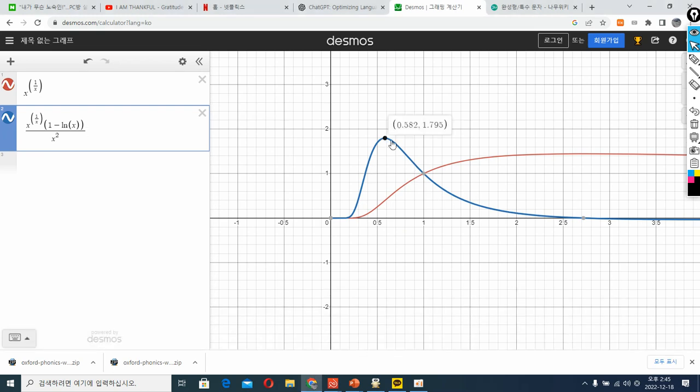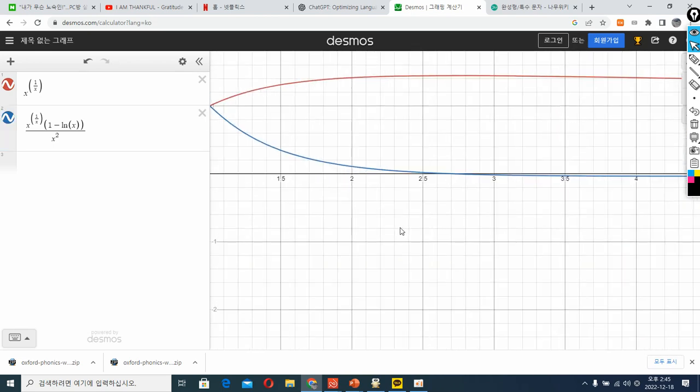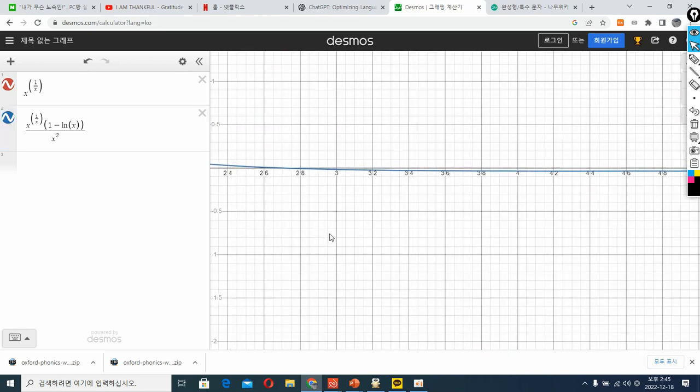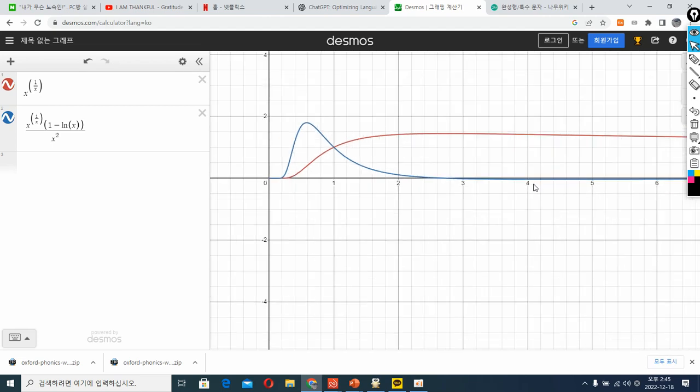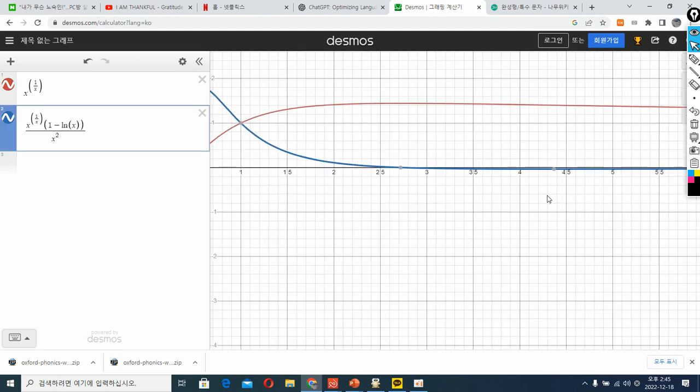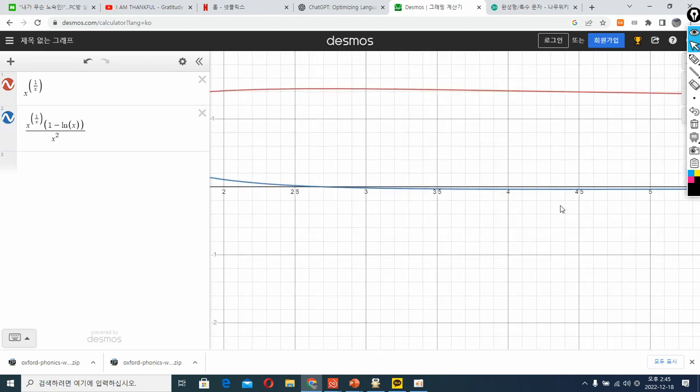And so it also has a maximum point. And it seems that it has a local minimum.